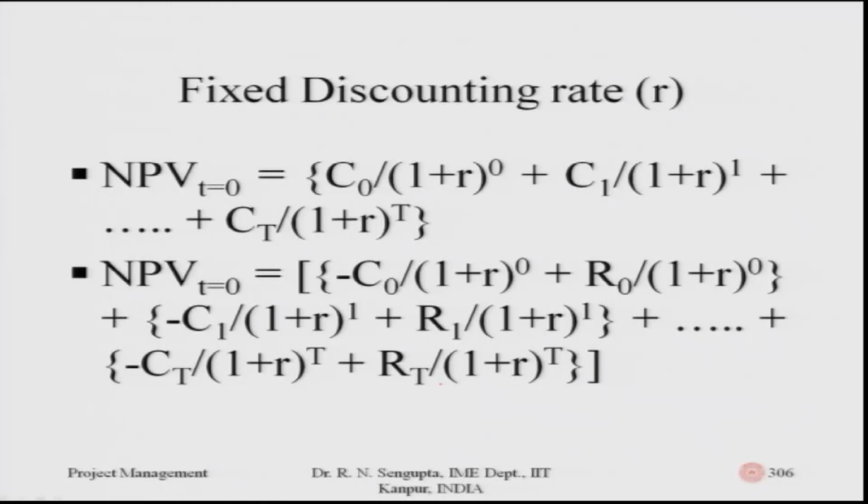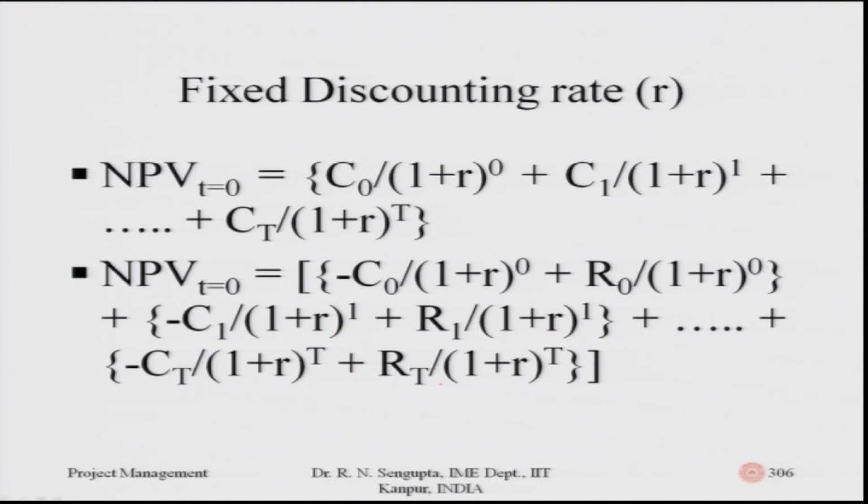Again, for the fixed rate I am using the same formula as I did for the concept of interest rate, discussed at the fag end, in the last 5-6 minutes of the last lecture. The net present value at t equal to 0 is calculated based on the fact that C0, C1 till Ct are the so-called net values of the input or output, and R, which is the interest rate, is fixed.